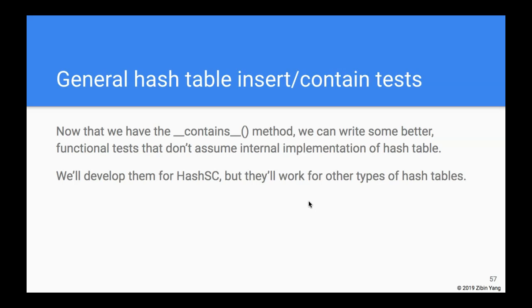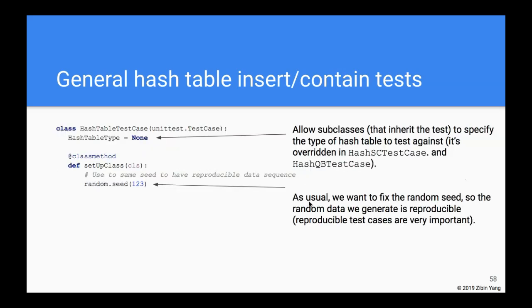But now that we have this method, we can actually write some better tests that do not have to look inside the hash table and assume a certain implementation of it. So we'll write some new tests that test insert and contains for the hash SC, but they will also work for other types of hash tables.